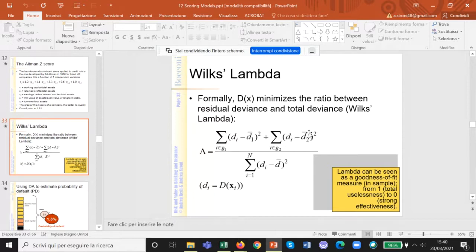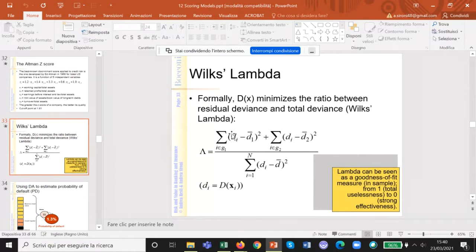And the same applies to the sample of the bad companies, okay? So by distinguishing the two, I basically separate those deviances, okay?